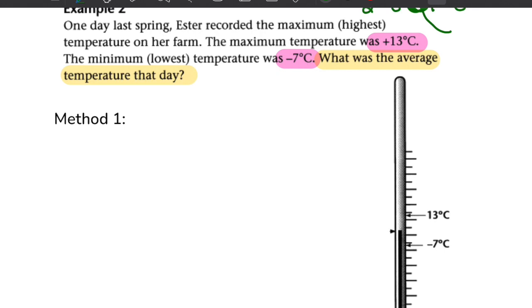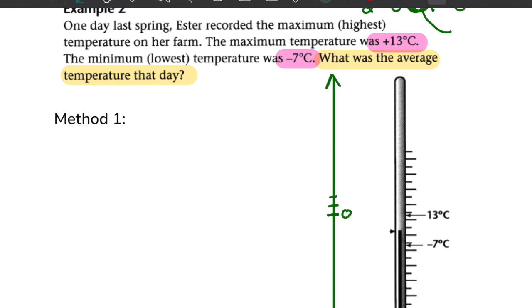First, what we can do is sketch the temperature scale. I have one illustrated on the screen here. This is from your lesson book, but I'm also going to create my own, and I'm going to use a lot of detail here. The first thing I'm going to do is draw 0, and then I'm going to draw the first temperature, which is 13 degrees above 0, and I'm going to draw every single line.